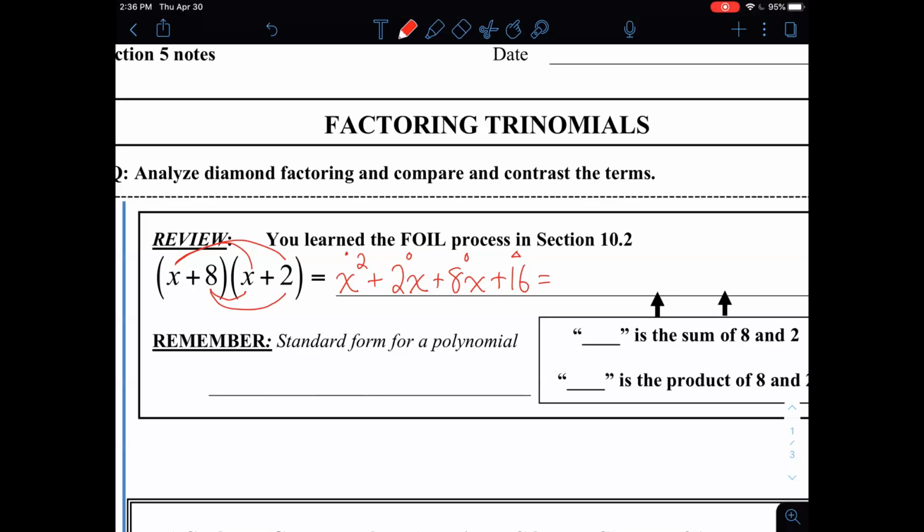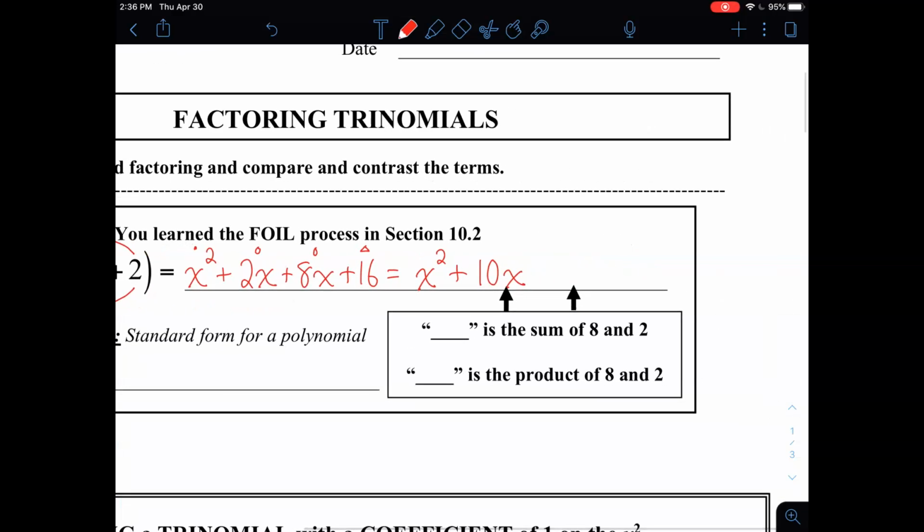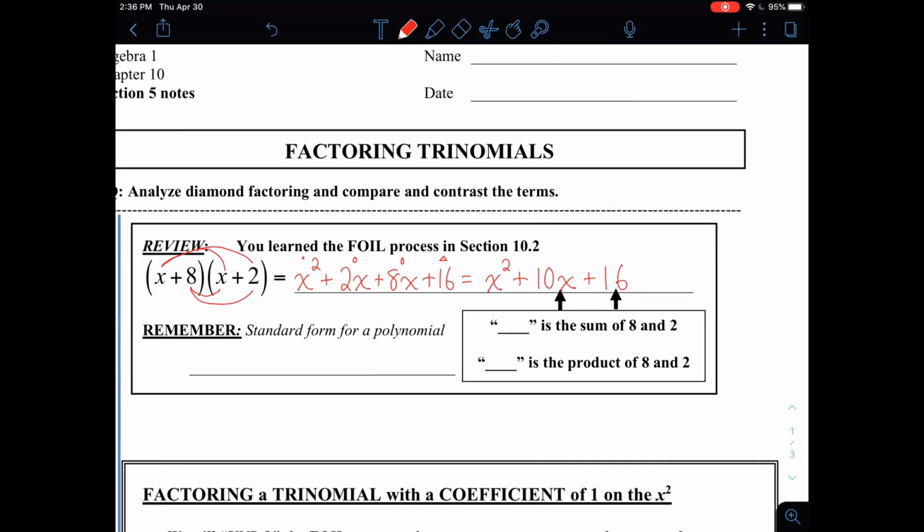So the x squared stays the way it is. Plus, what is 2x plus 8x? That's 10x. And the 16 just comes along too, because there are no other constants to combine it with.